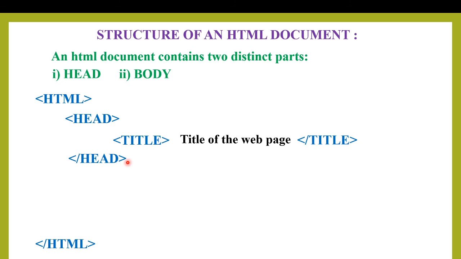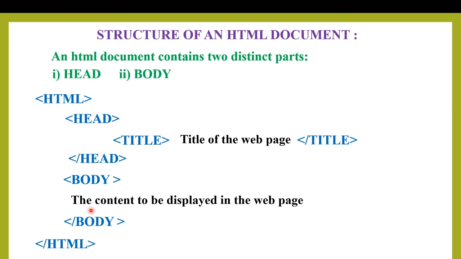Now comes the main part of an HTML document, that is the body. Whenever you access the internet, whatever you see in the website, whether it is text, a picture, video clips, or audio clips, all of it should be included inside the opening and closing body tag.